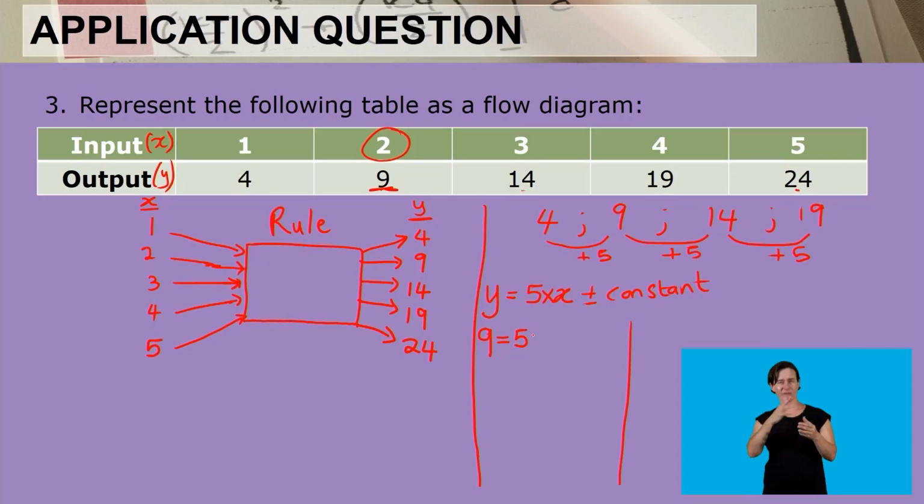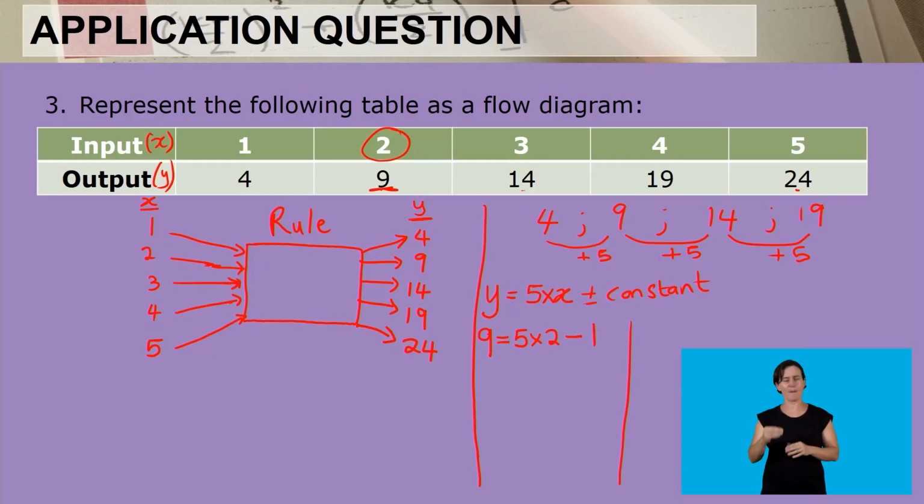So our input value here being 2, we know that 5 multiplied by 2 does not give us 9. And that's where we have to find that constant value that is added or subtracted. So 5 multiplied by 2 is 10, and from that 10 we are just going to subtract 1 to get to our 9.